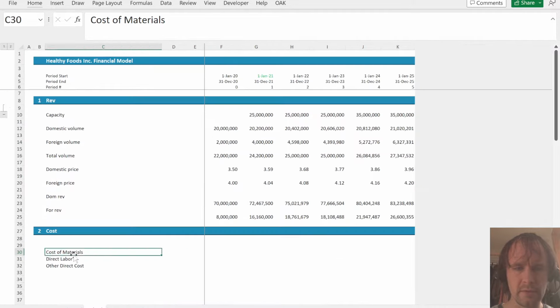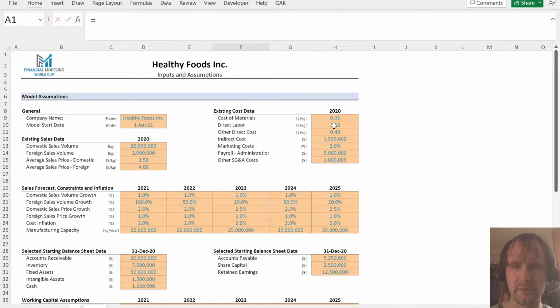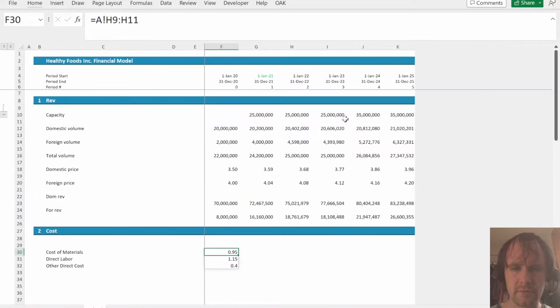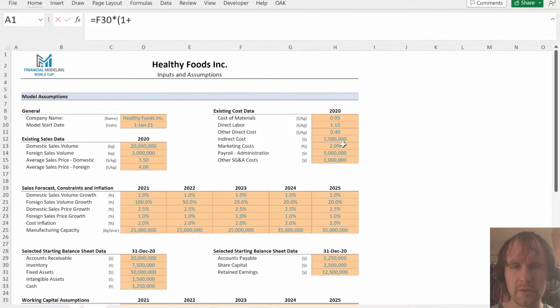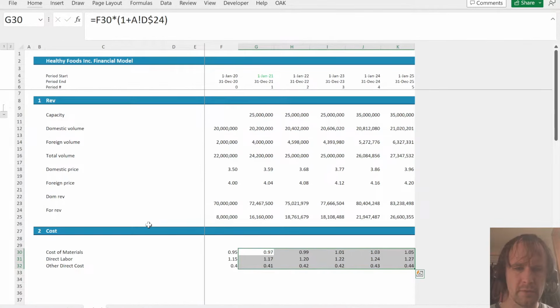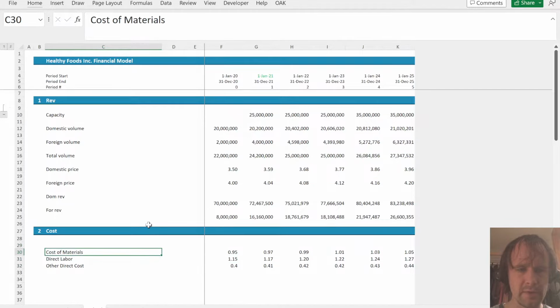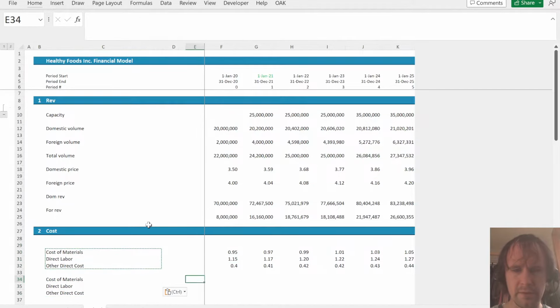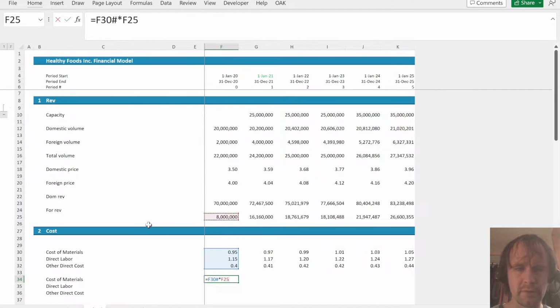So then, let's see. Yeah, let's start with this. And then this times 1 plus, where is it? Here, cost inflation. Lock in the row. Okay. And then here, it's just going to be this times total volume.